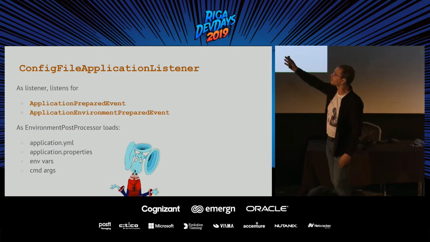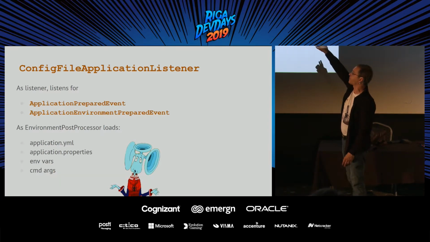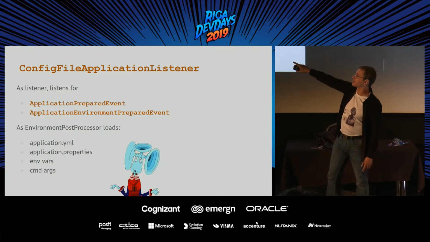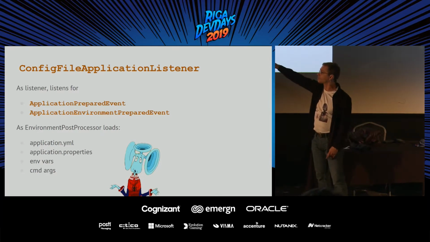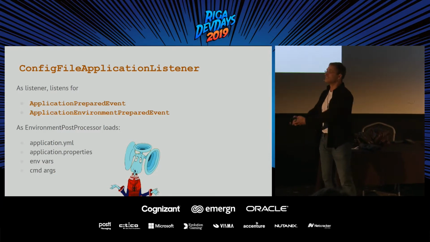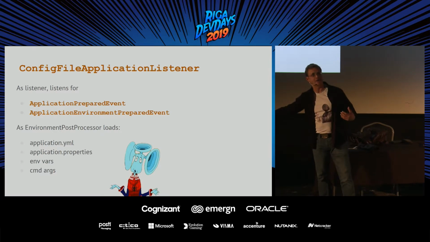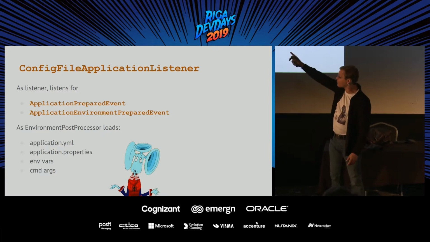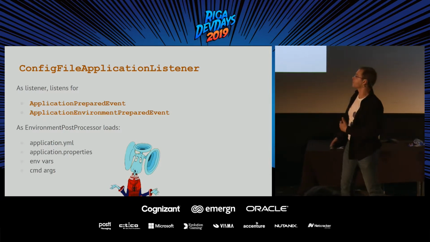So as a listener, he listens to these events, application prepared event and application environment prepared event. And as an environment post-processor, he scans your application YAML, he scans your application properties, he takes all environment variables from the machine, he takes all command line arguments, and he puts them in the environment. But apart from this, he will find other environment post-processors and give them work, okay?